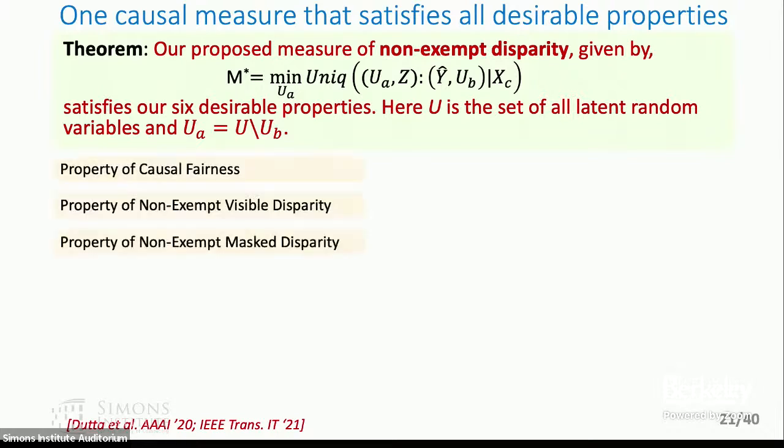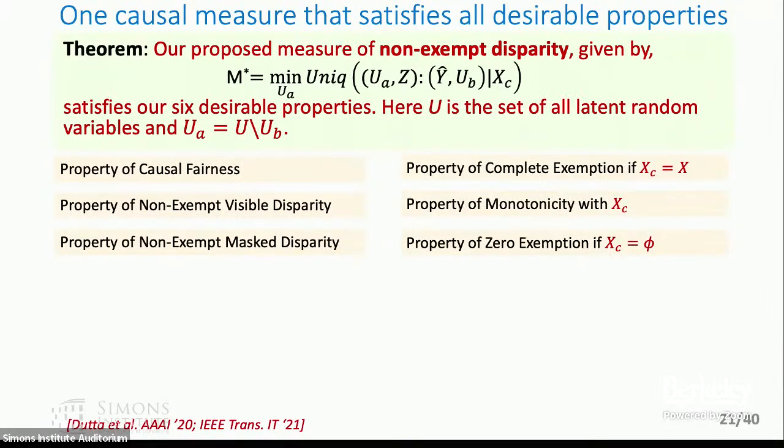But we're able to show that this measure satisfies the properties that I talked about, as well as some natural monotonicity properties. Like if all the features are critical, it will be 0, and it's monotonic as we include more and more features in the critical set, and if none of the features are critical, then it's equal to the total causal unfairness.